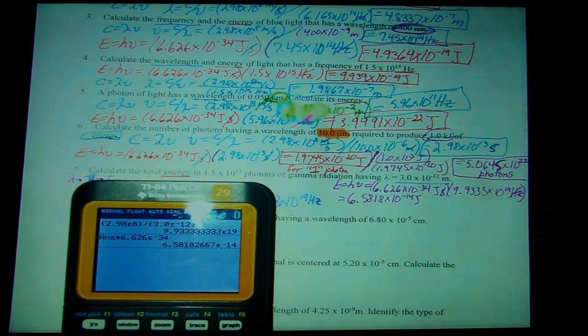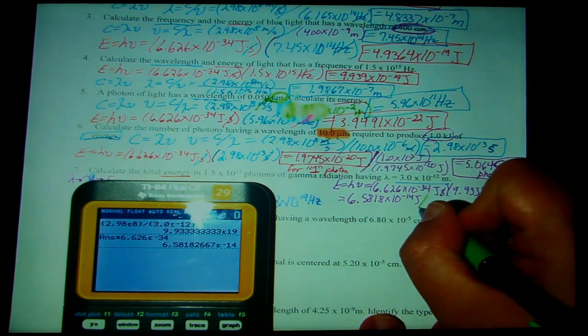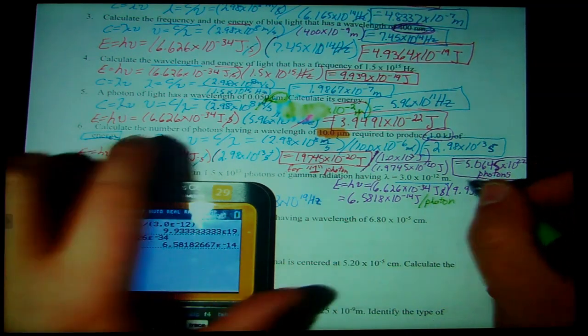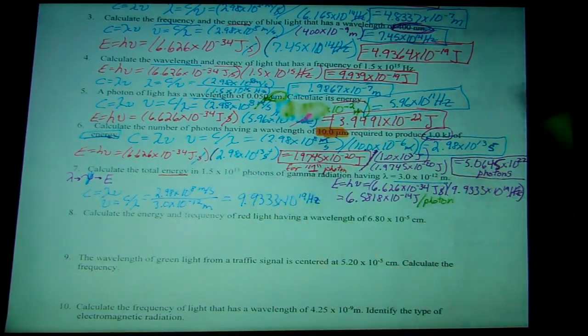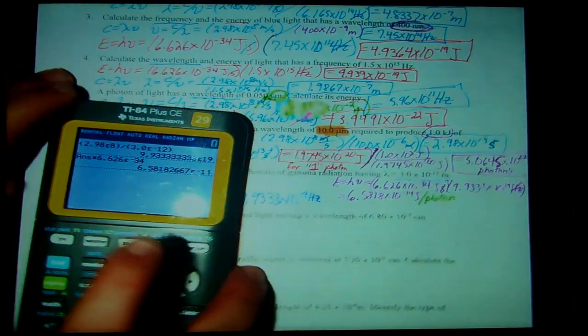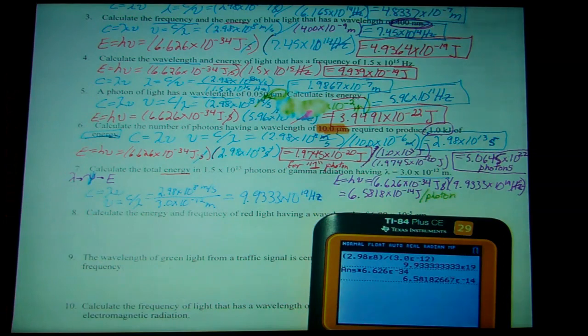So another way of saying that, joules per photon. In this case, I have 1.5 times 10 to the 13 photons. So guess what I need to do here? Photons are going to be on the bottom. I need to cancel that out. All I got to do is multiply this number by the number of photons.